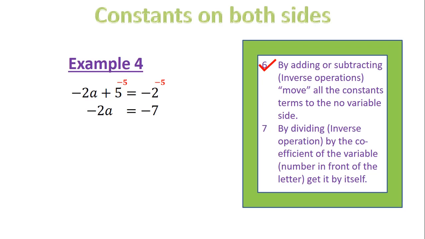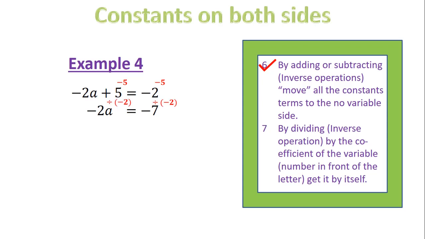Step 7. By dividing by the coefficient of the variable, get it by itself. So we have negative 2 in front of our letter a, so we divide both sides by negative 2.